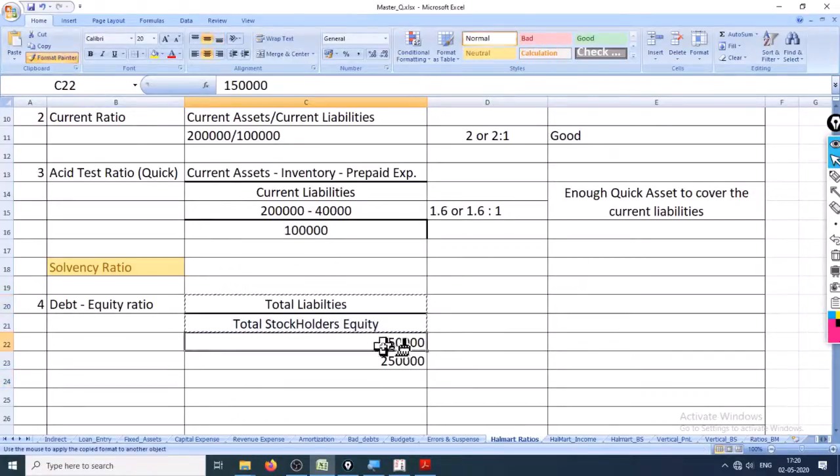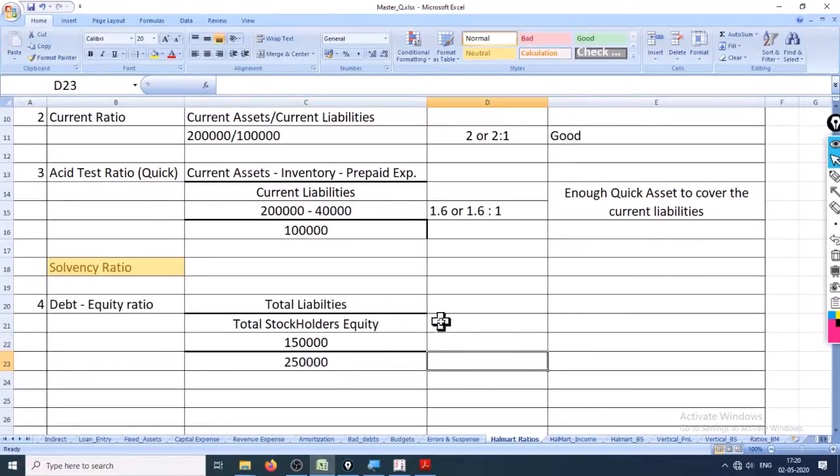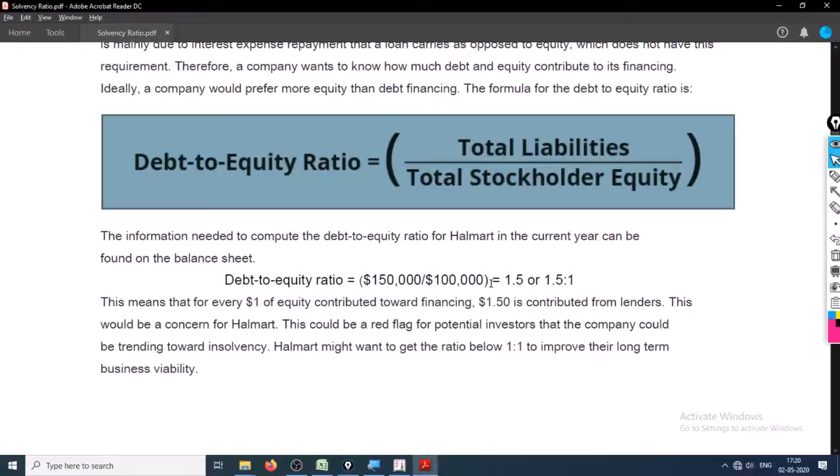Formatting same. Let's divide it and calculate. Enter. Let's check the answer.